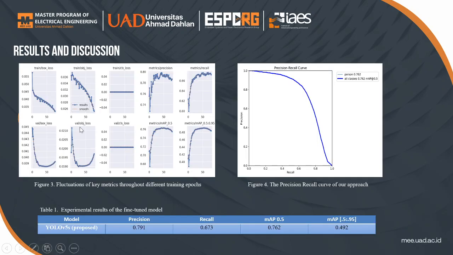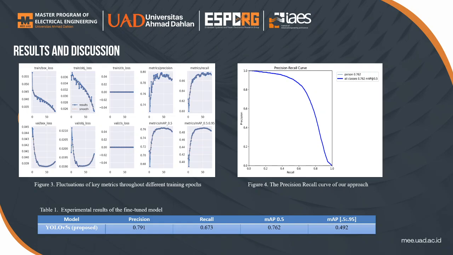In this figure, we have the fluctuations of key metrics through different training epochs, where we can see the metrics mentioned earlier: the precision, the recall, the mAP@0.5 and mAP@0.5:0.95, in addition to the object loss function, which evaluates the algorithm's ability to predict the presence of an object.